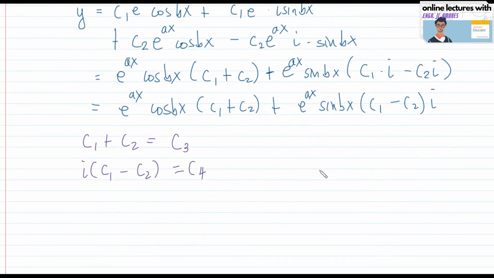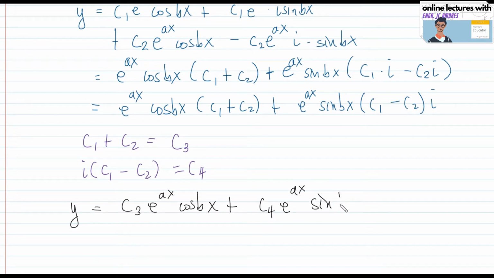So the solution would now be c3 e raised to ax cosine bx plus c sub 4 e raised to ax sine of bx.